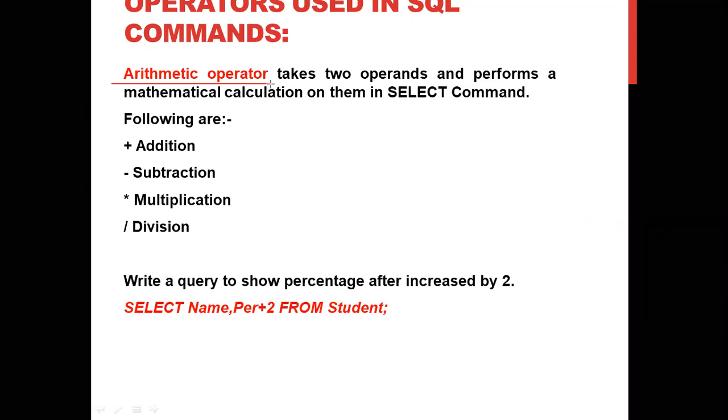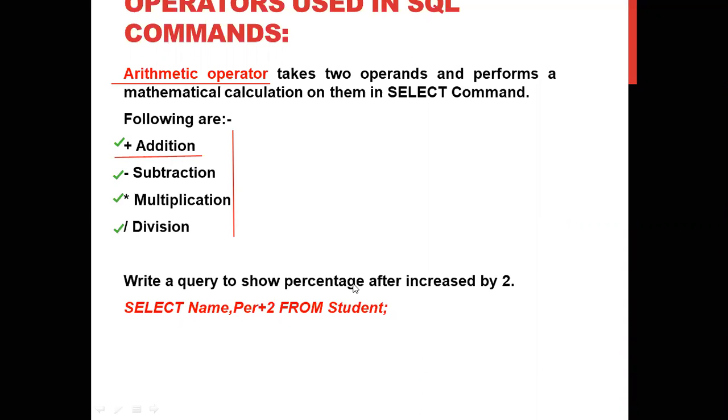The arithmetic operators take two operands and perform a mathematical operation on them. These are performed in the select command. The arithmetic operators are plus, minus, multiply, and division.